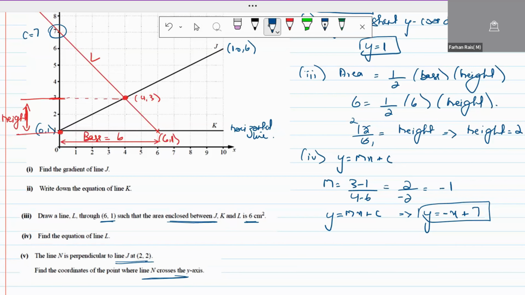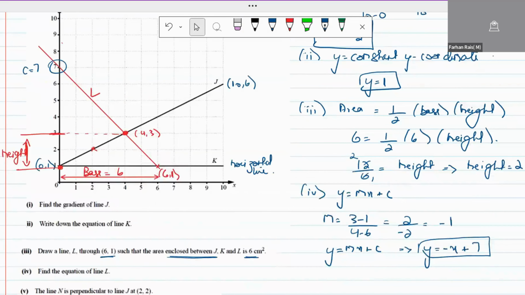First we need to find the gradient of this line N. It's a perpendicular line on J, and we have already found the gradient of line J in the first part.